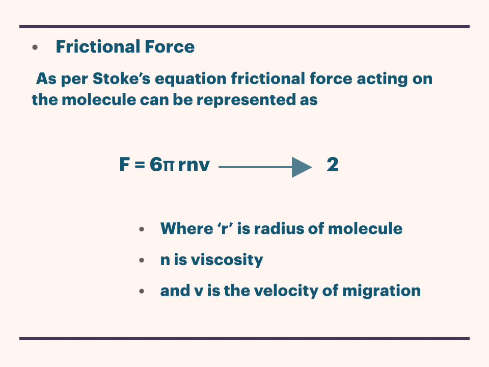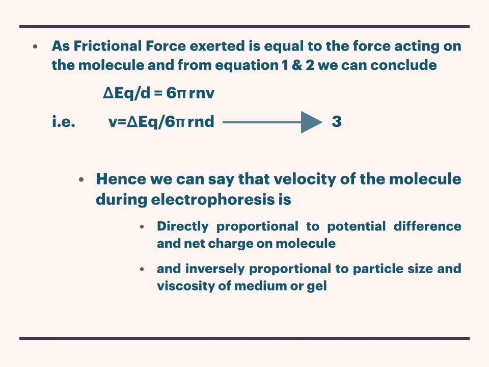Let us number this equation 2. So, in order for a molecule to move in a medium, it has to overcome the frictional force. And this will happen only when the force acting on the molecule due to the electric field and charge present on the molecule equals the frictional force.